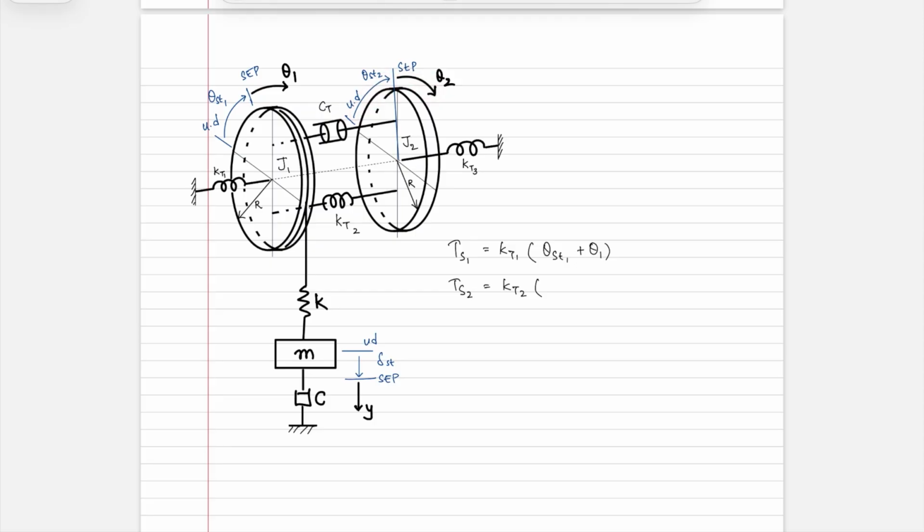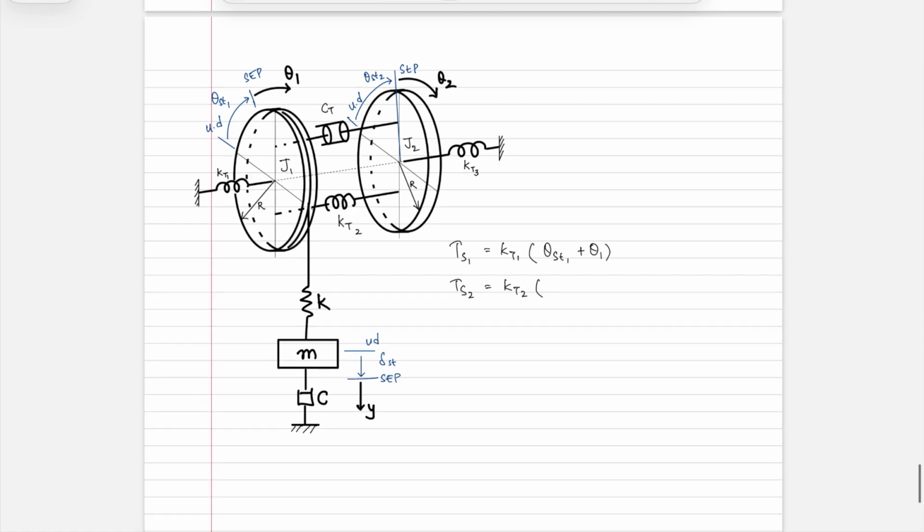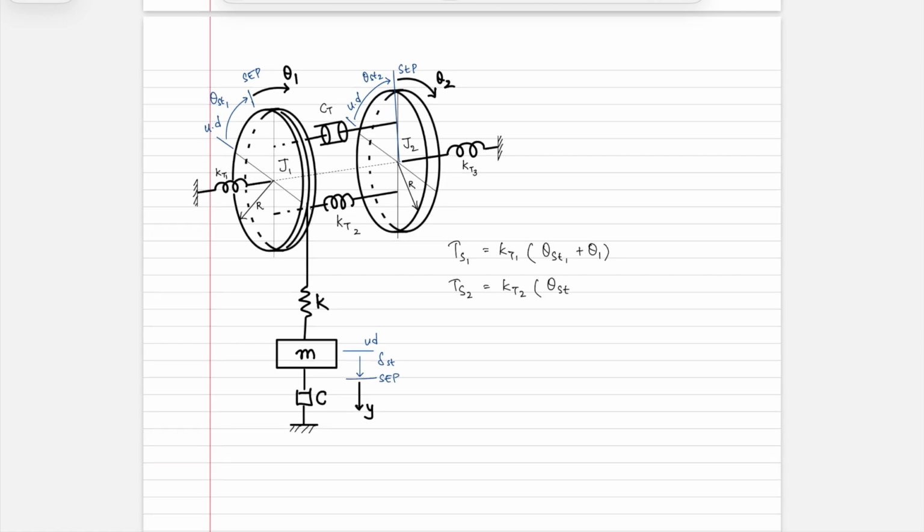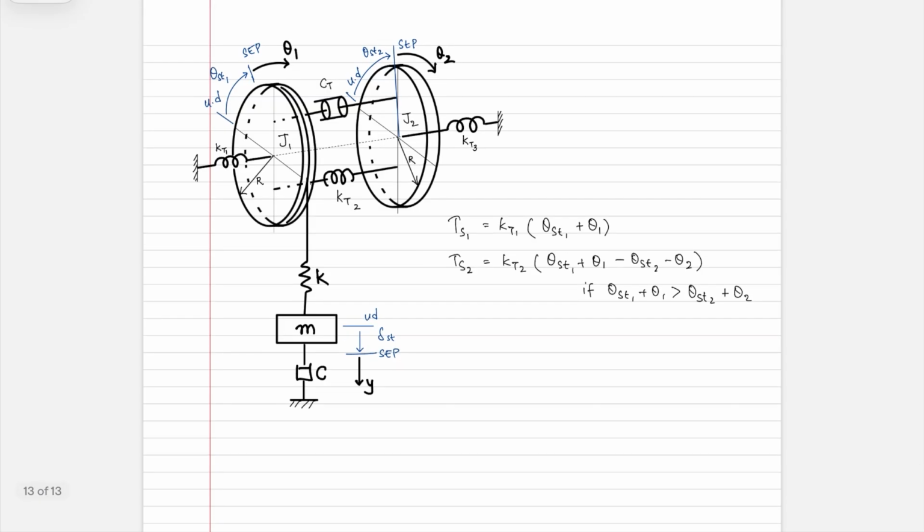Now if I have that theta ST1 plus theta 1 is greater than theta ST2 plus theta 2, you'll have this as your net result. Okay, that's just, we're repeating the same steps, except now the measurement is from here, right? We're looking at the net deflection.